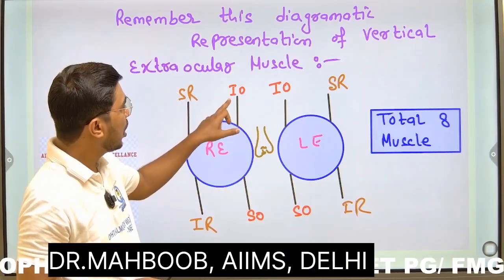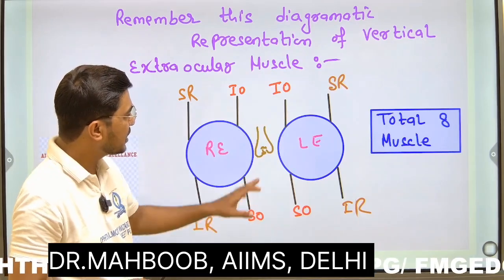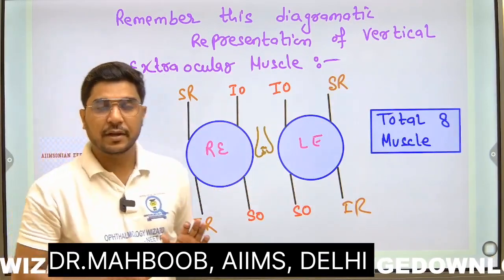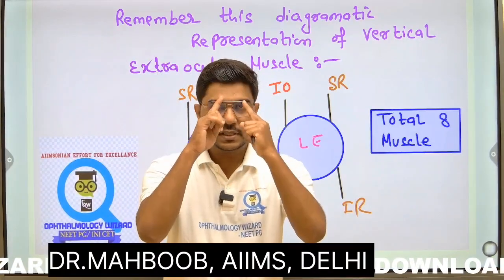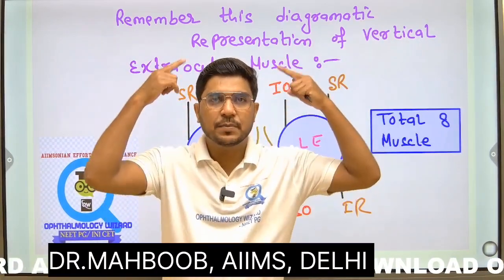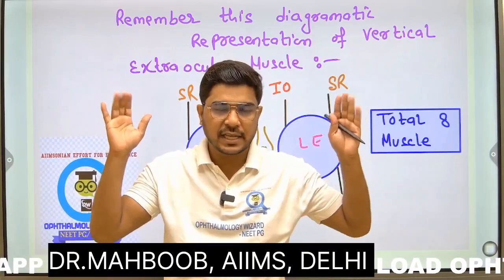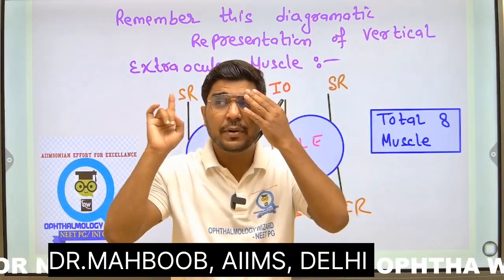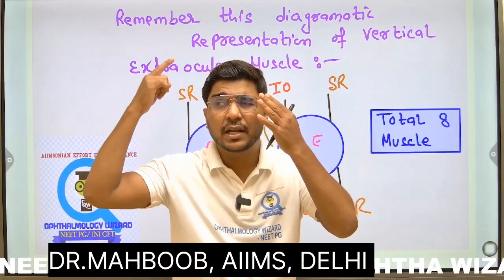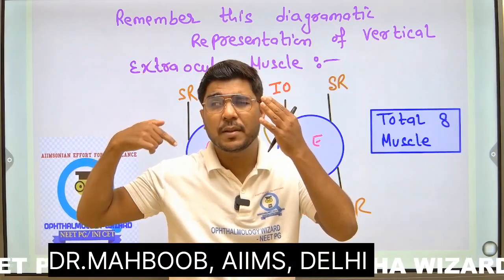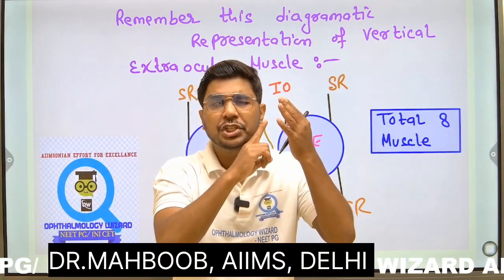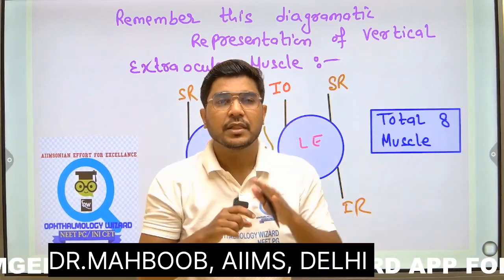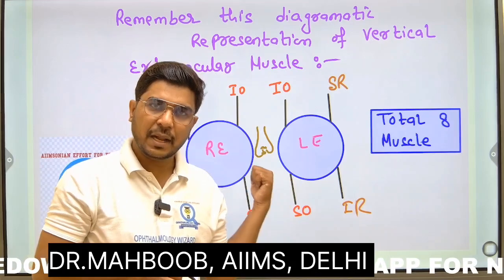Look at this: the oblique muscles are towards the nose side and the rectus muscles are towards the lateral side. Why have I written this? The simple answer is that in the abducted position, the rectus muscles are the primary elevator and depressor, and in the adducted position, the oblique muscles are the primary elevator and depressor. That's why the schematic diagram is like this.